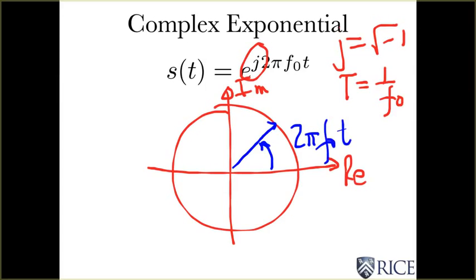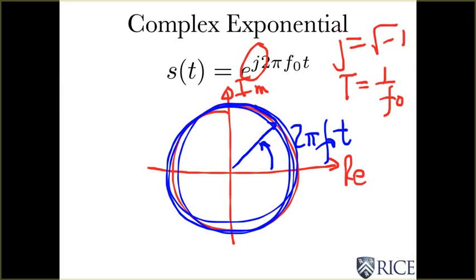So as time increases, this angle increases, and this complex exponential looks like an arrow that goes around and around and around the unit circle, and the time it takes to go around once is the period. That makes it periodic, and I think it's pretty clear, again, that the period has to be such that f naught times T is an integer. That makes the period 1 over f naught.